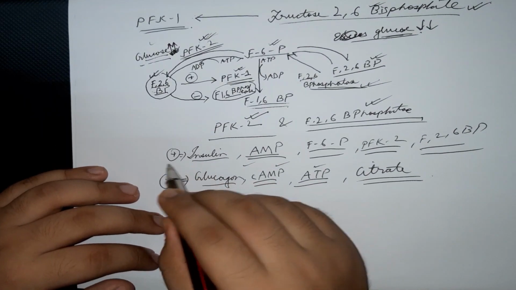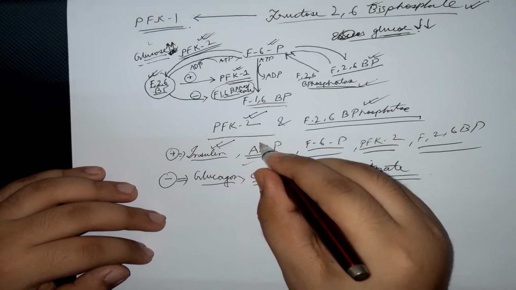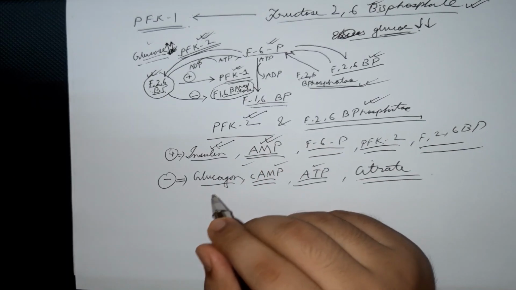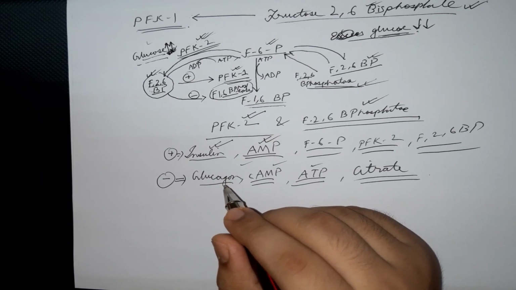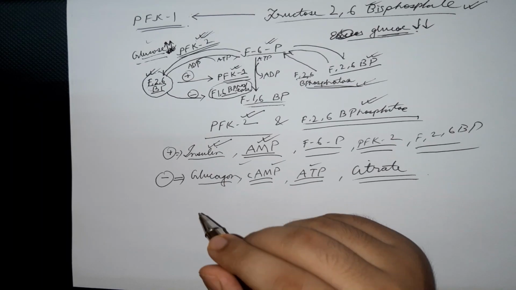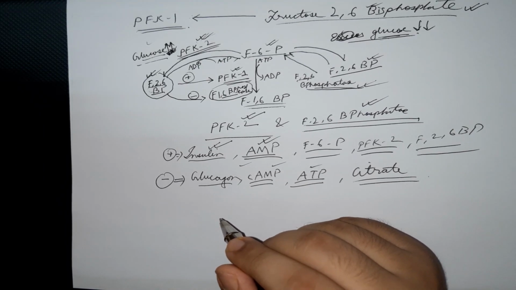Okay, and by the way, other positive effectors are insulin, and AMP is a very important positive effector. I actually didn't research why that is the case, so I'm sorry about that, but I'll see to that later.